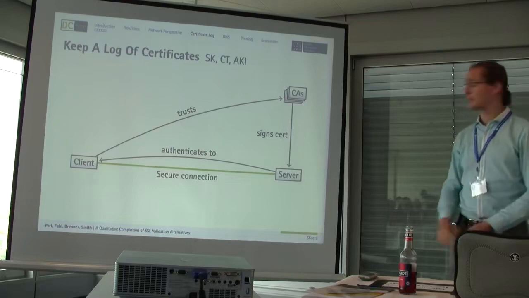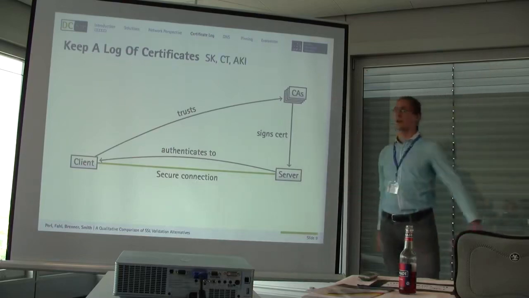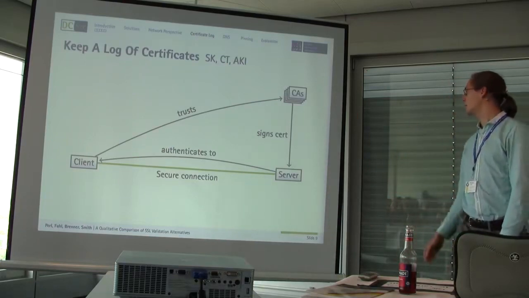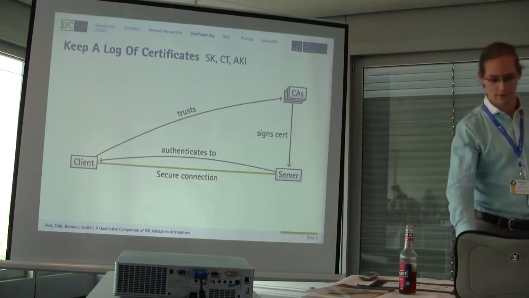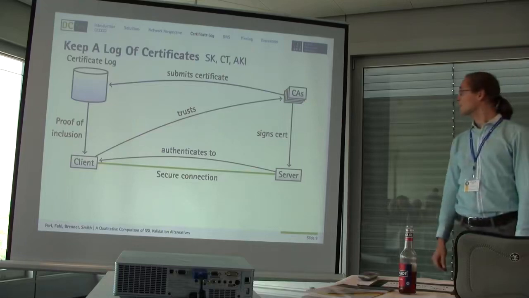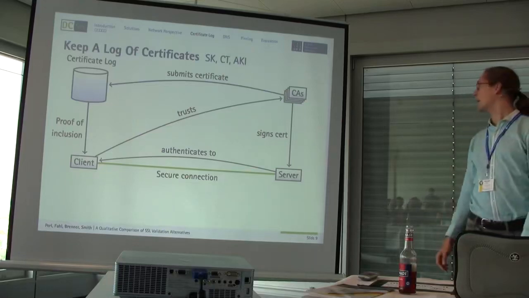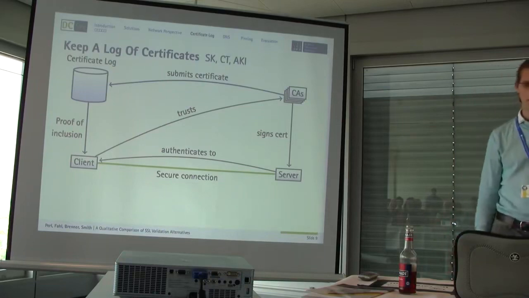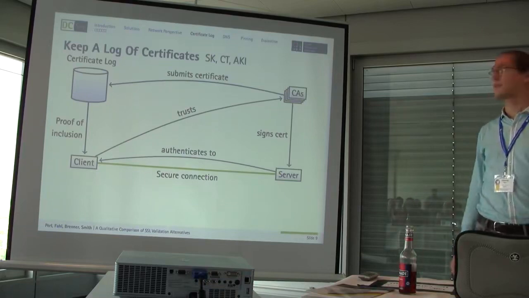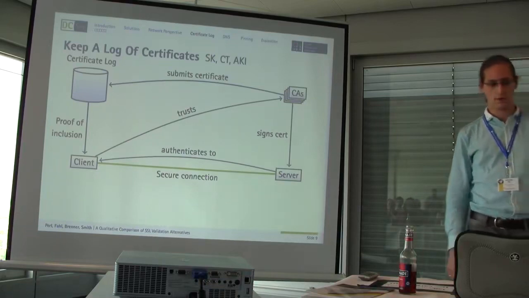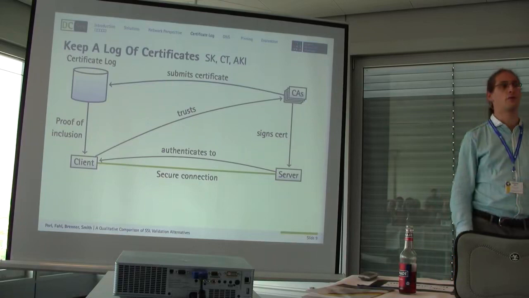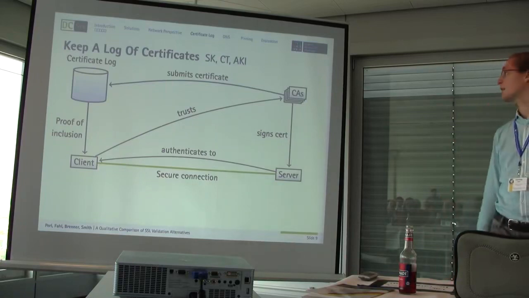Which basically, starting from this normal SSL setup where I trust the CA, the CA signs the key, and then the server authenticates to me, adds a log of certificates, so that the certificate authorities submit the certificates that they signed to the certificate log, and then the client can query a proof of inclusion for that certificate that it got presented.